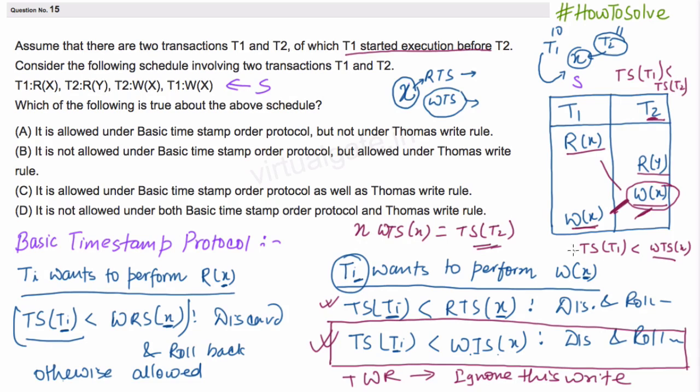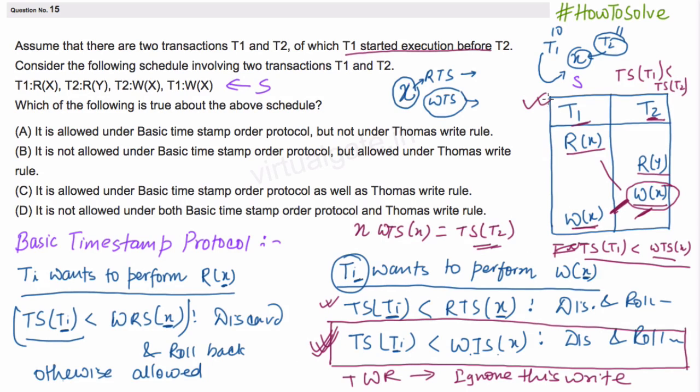So the second condition is true. Now in the basic timestamp protocol what do we do? We discard and roll back. So in the case of basic, this transaction T1 will be discarded and rolled back, but in the case of the Thomas Write rule, we accept this and just ignore the write.